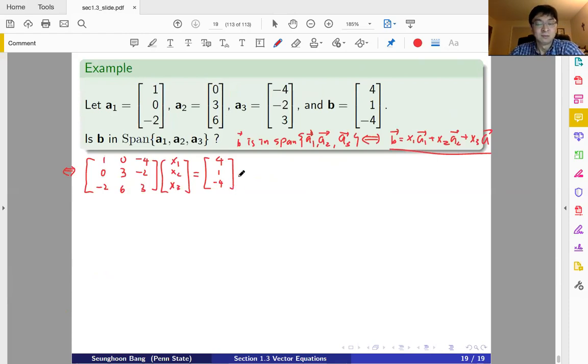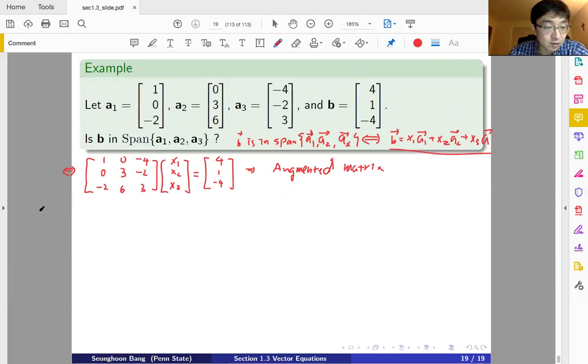So like this, we can change this to the augmented matrix.